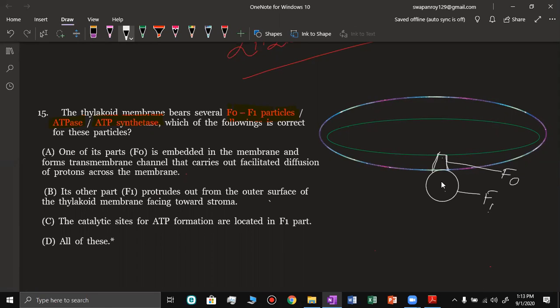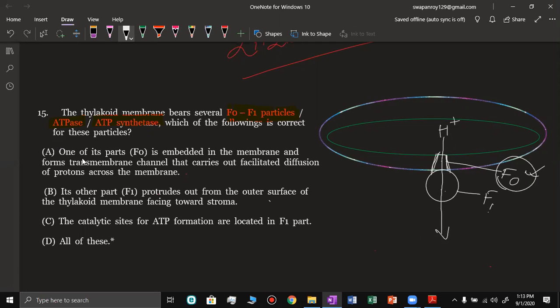All these are made of protein. This F0 portion forms a channel, through which the protons move.